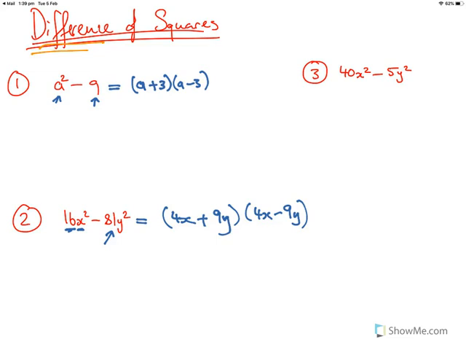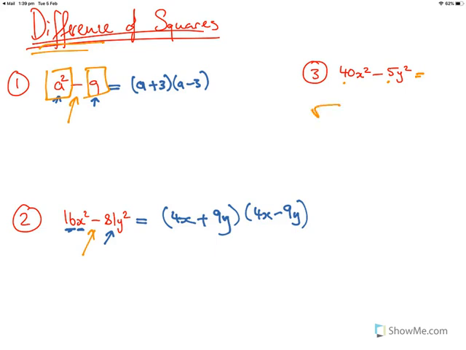Difference, in maths, means takeaway, and that's what you're looking for. You're looking for takeaway and you're looking for 2 squares, and the square's there. To factorize this one, square root of 40 and square root of 5, they're not that obvious. So we're just going to write the square root symbol.